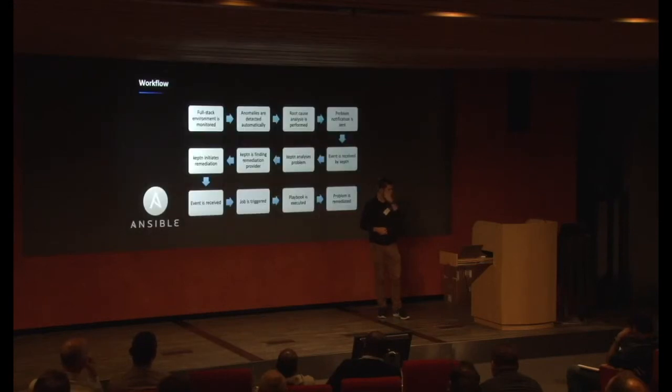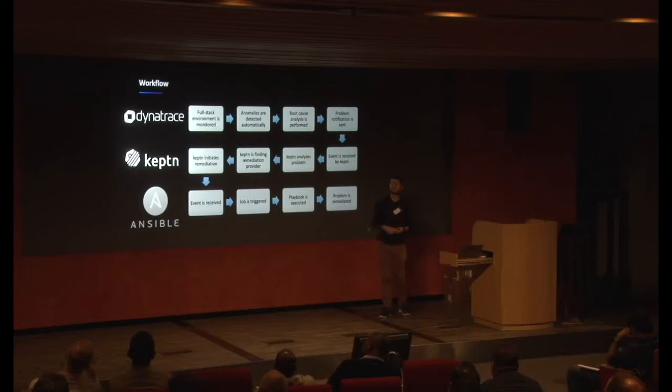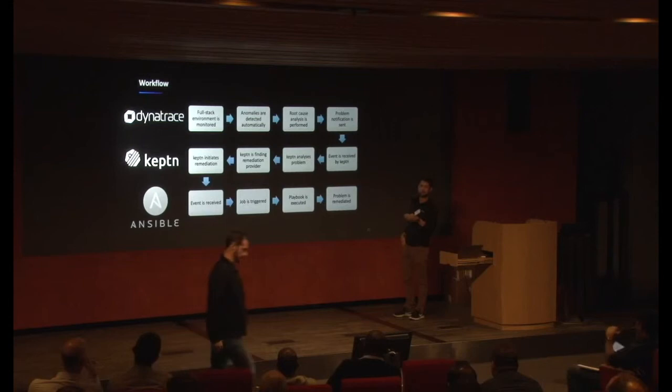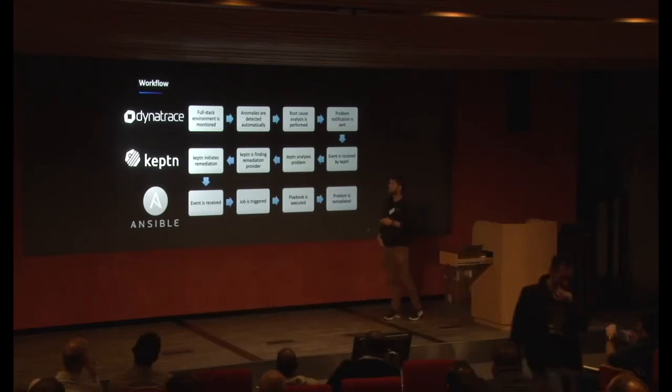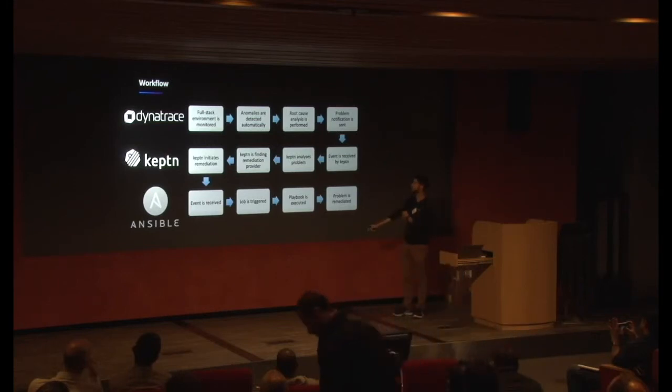And then we have this workflow, how it would look in an auto-remediation scenario. You have your application running in your production environment. Your monitoring solution here, the logo is Dynatrace, but think of your own monitoring solution, is monitoring your applications and checking for anomalies.